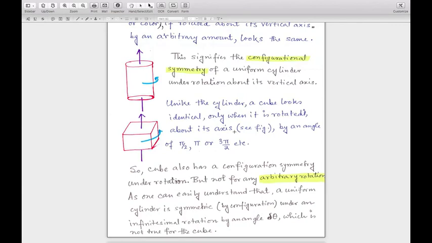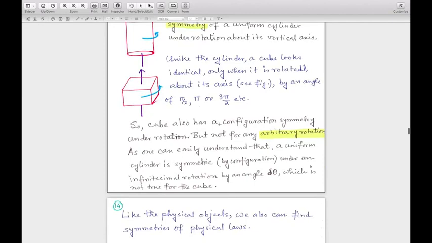It only looks the same when it is rotated by particular angles, let's say pi by 2, pi, or 3 pi by 2, so multiples of pi by 2. So the cube has a configurational symmetry, but for particular angles. It's not symmetric under any arbitrary rotation, unlike the cylinder, which has a symmetry under arbitrary rotation about this vertical axis.